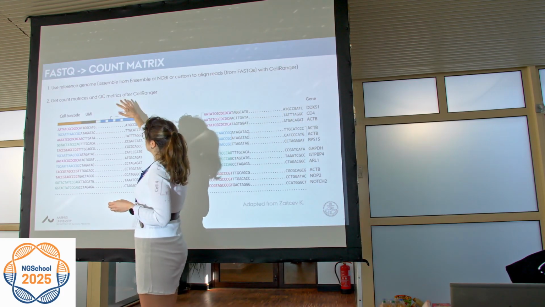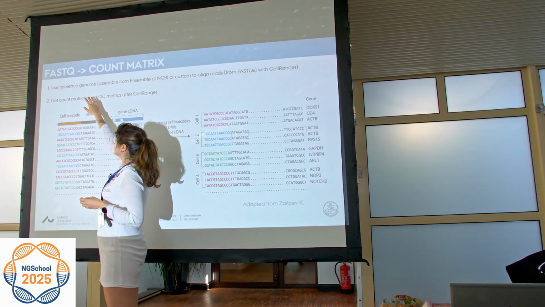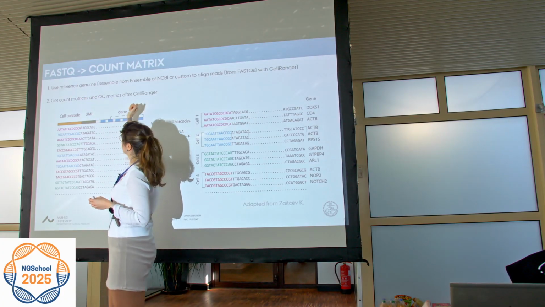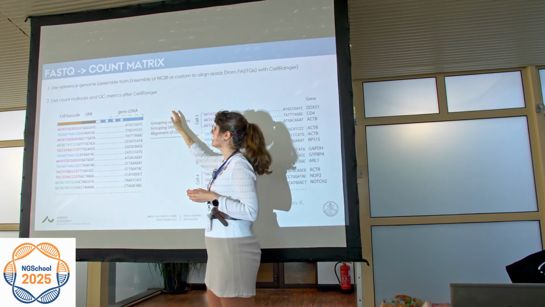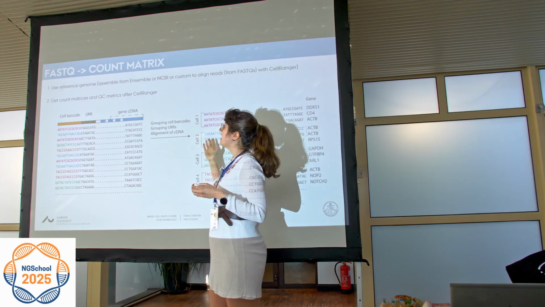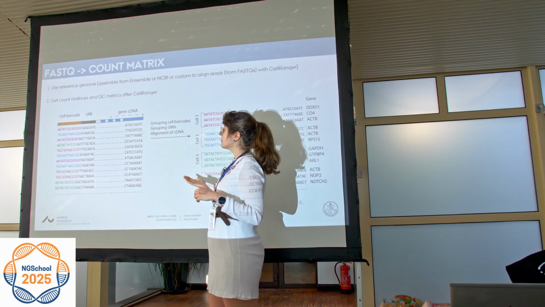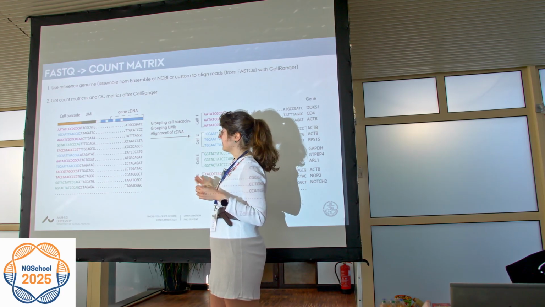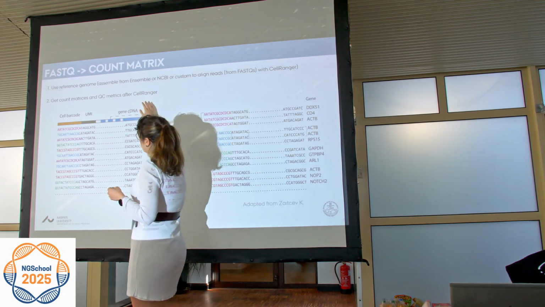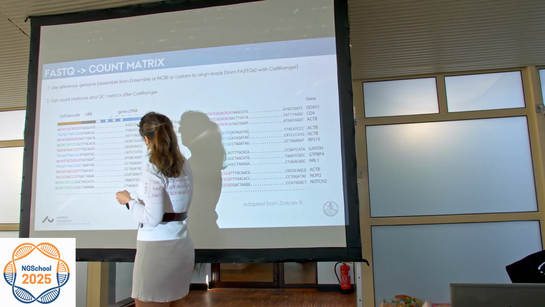And basically, from the sequencing machine you get FASTQ files, and you need to answer the question which mRNAs belong to which cell. To do this, you do the alignment using some reference genome.